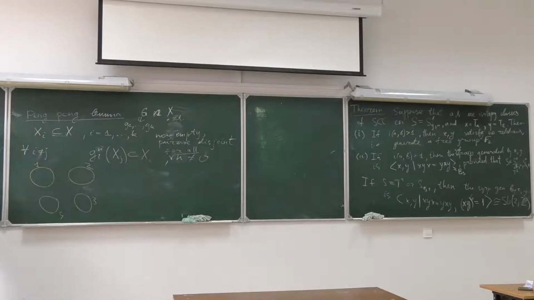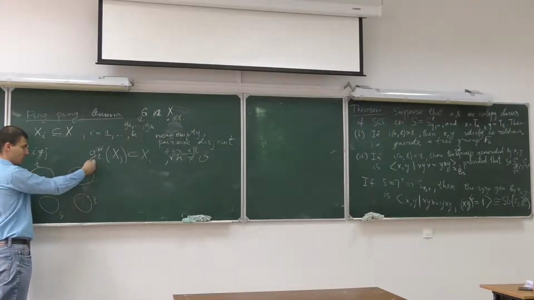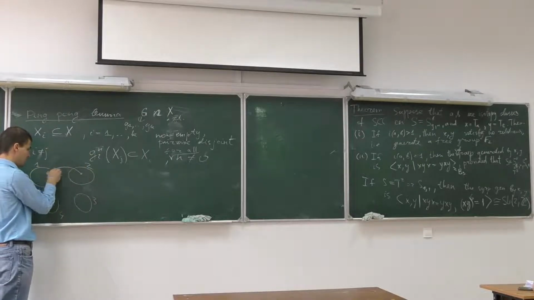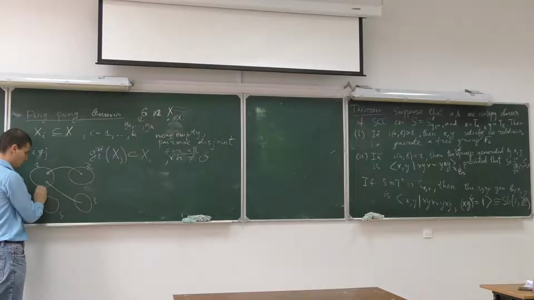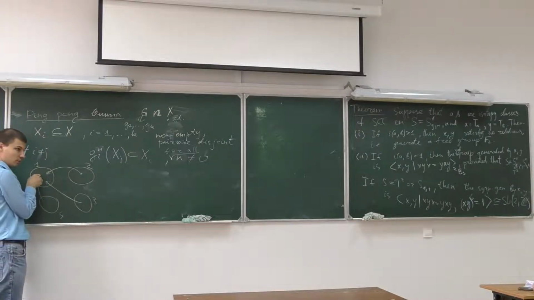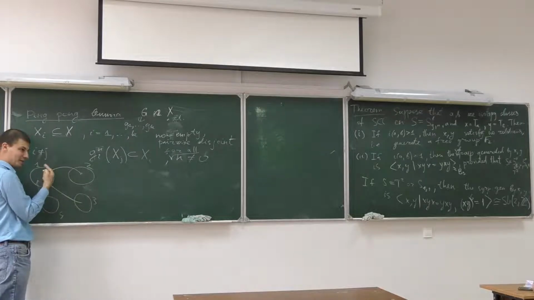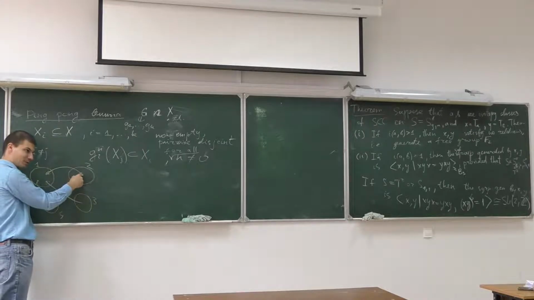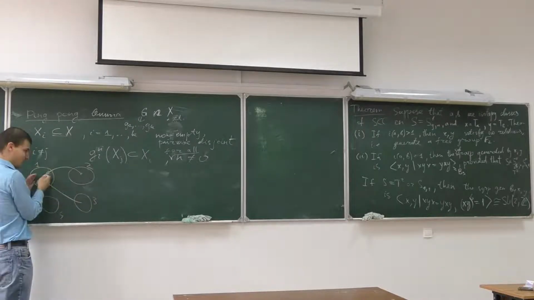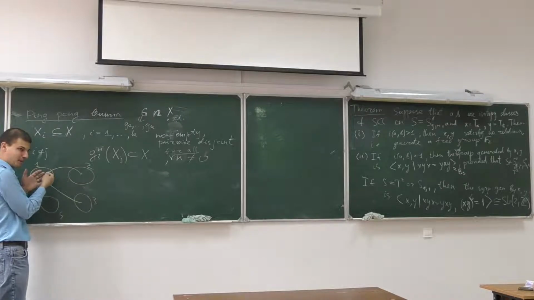If we take g_1, then any non-trivial power of g_1 maps all these sets to this one, except for itself. Obviously, if g_1 maps this element to this one, then g_1 to the power -1 maps this to that one. So it is impossible to achieve that X_1 is also mapped to itself by powers.